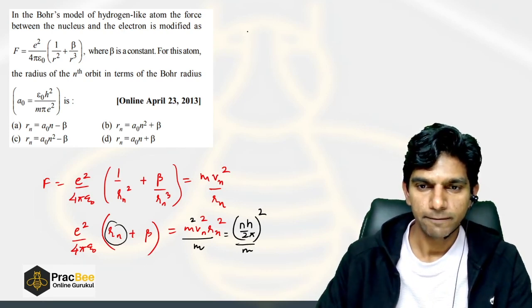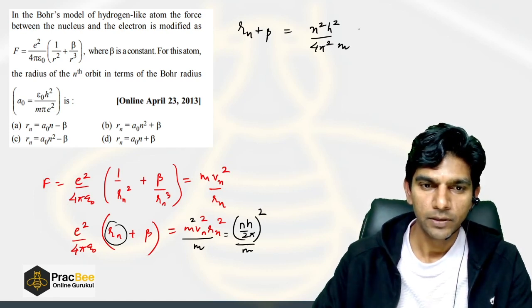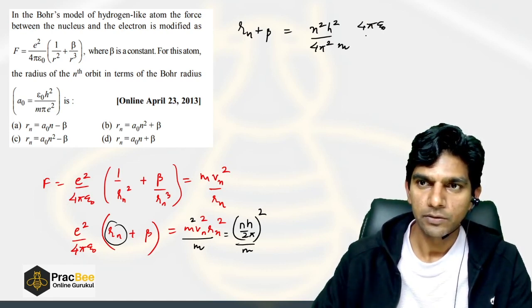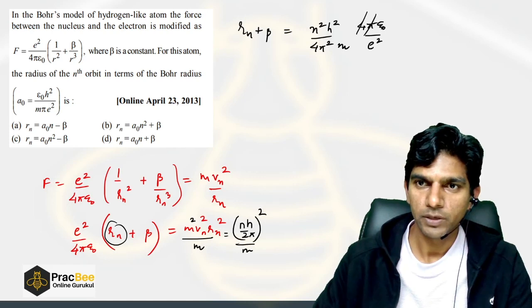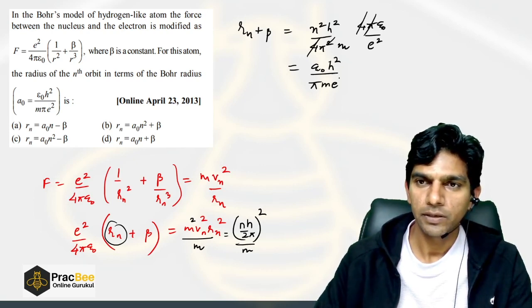So we can say Rn plus beta will be n square h square upon 4 pi square m, times 4 pi epsilon naught upon e square. So this 4 pi will get cancelled out. So we have epsilon naught h square upon pi m e square times n square.